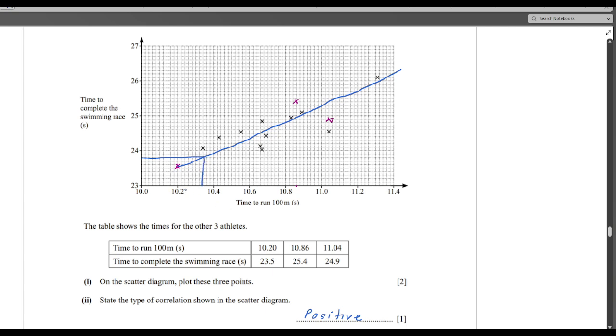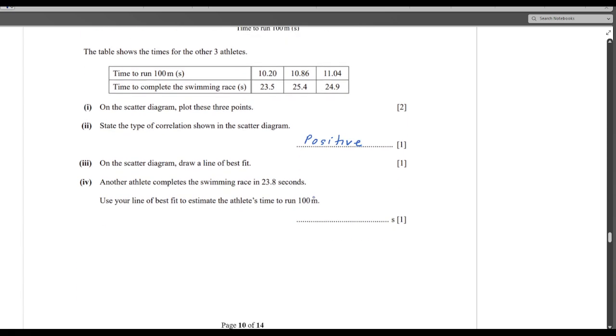Then it is 10.2, 10.22, 10.24, 10.26, 10.28, 10.3, 10.32, and 10.34. I will consider that as 10.34.